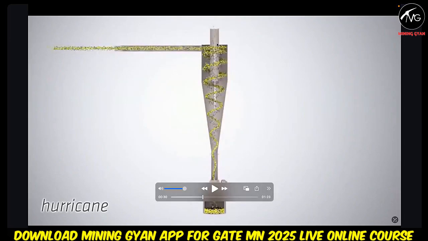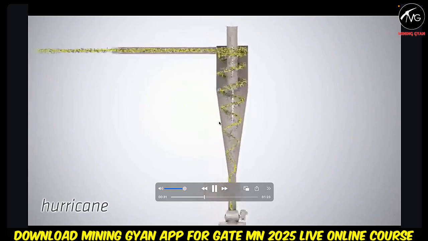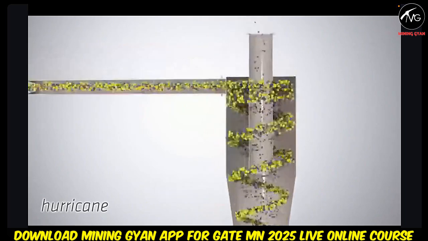This is the inlet, your air will go on that path, and it will rotate centrifugally and go to the bottom.